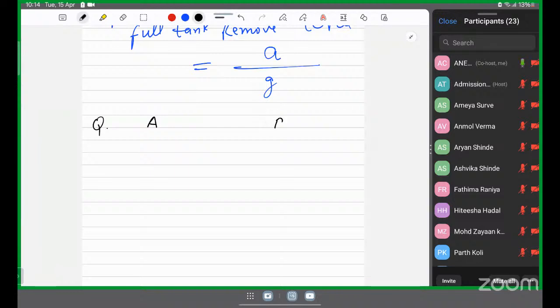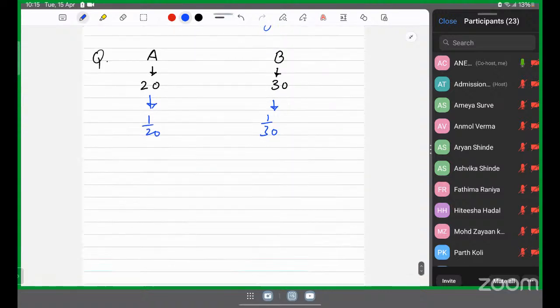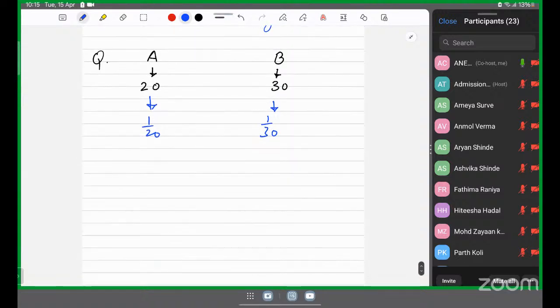This is A, this is B. A takes 20 minutes, B takes 30 minutes. If both the pipes are used together, how long will it take to fill the tank? So 1 minute's work of A will be 1 by 20, of B will be 1 by 30.